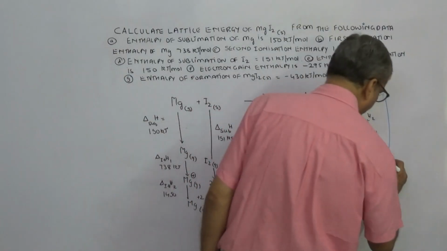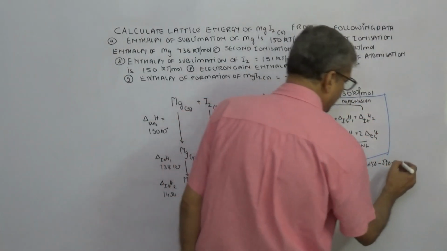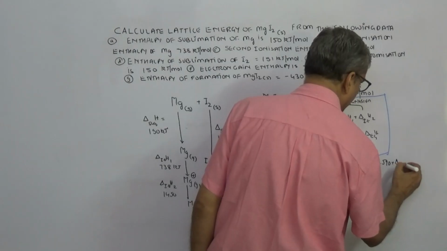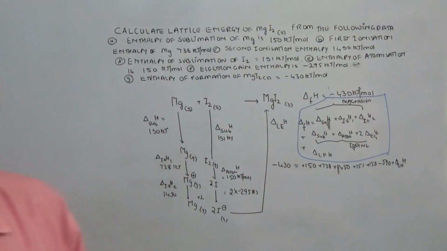So minus 590 plus delta lattice energy H.